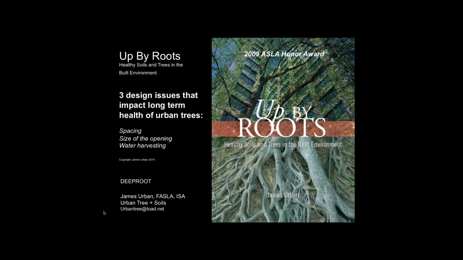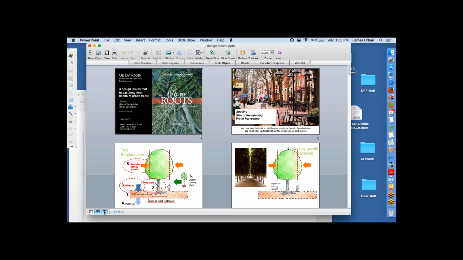But there are a couple of things that have dramatic change or impact on what we actually see on the surface. And these can also impact how well the tree grows. And I thought it would be good to have a discussion about these 3 items.